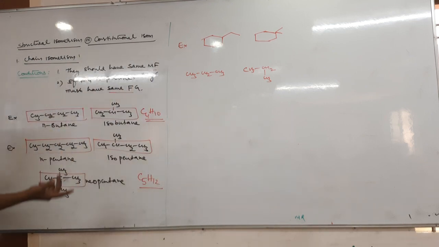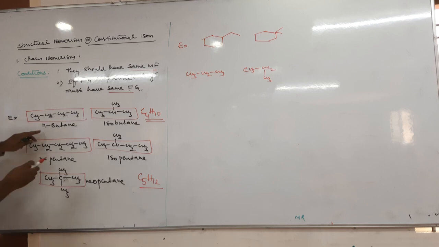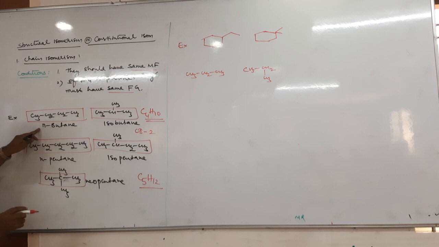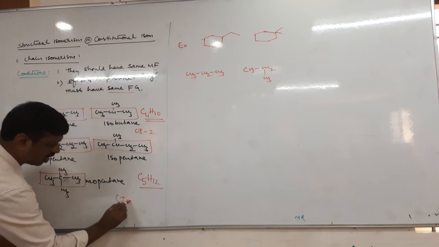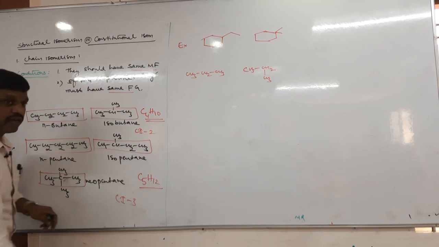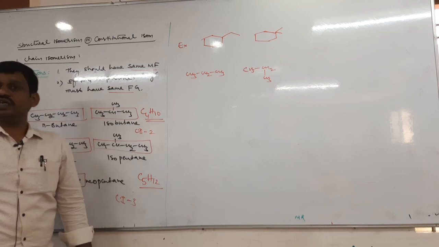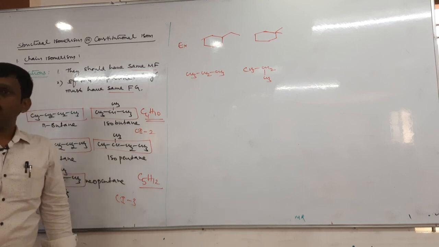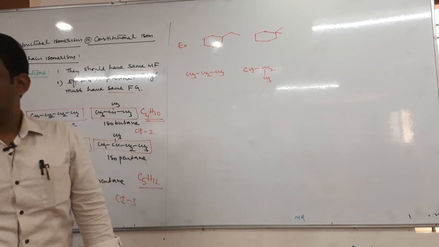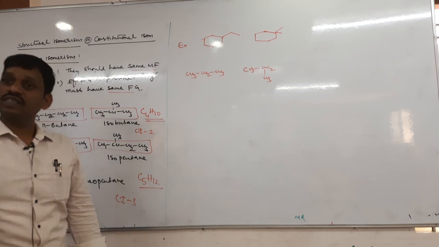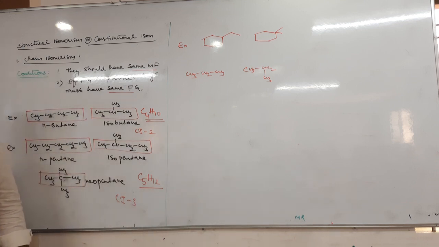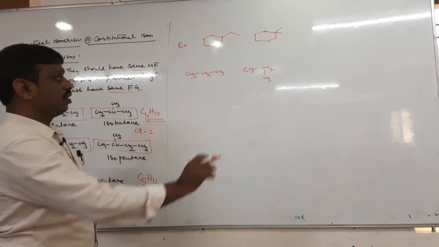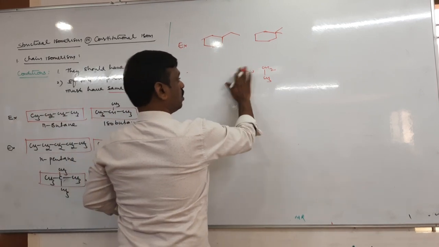Next, as the number of carbon atoms increases, see, butane has how many isomers? Chain isomers is 2. Next, pentane, chain isomers is 3. As the number of carbon atoms increases, chain isomers increase. Okay, so therefore, these 2 points also should be remembered. One, minimum carbon atoms should be 4 to exhibit chain isomerism, and as the number of carbon atoms increases, chain isomerism increases. Okay, we have taken these three examples. Next, write one note.